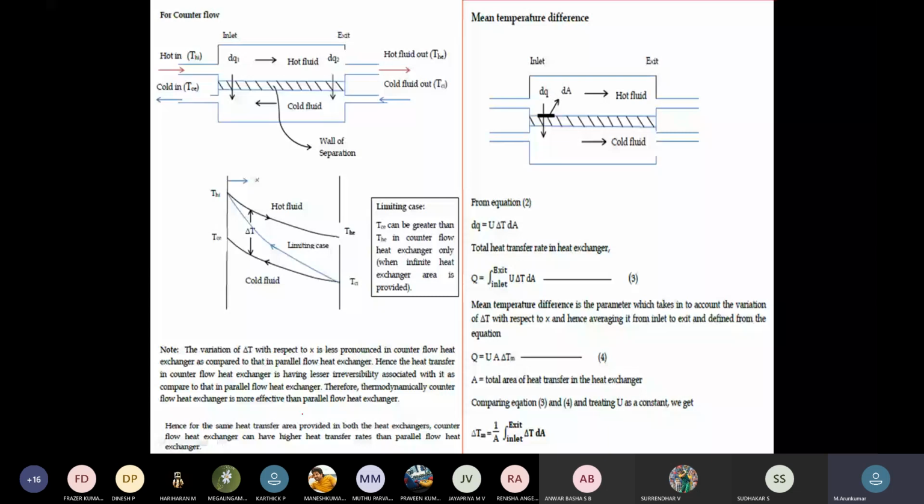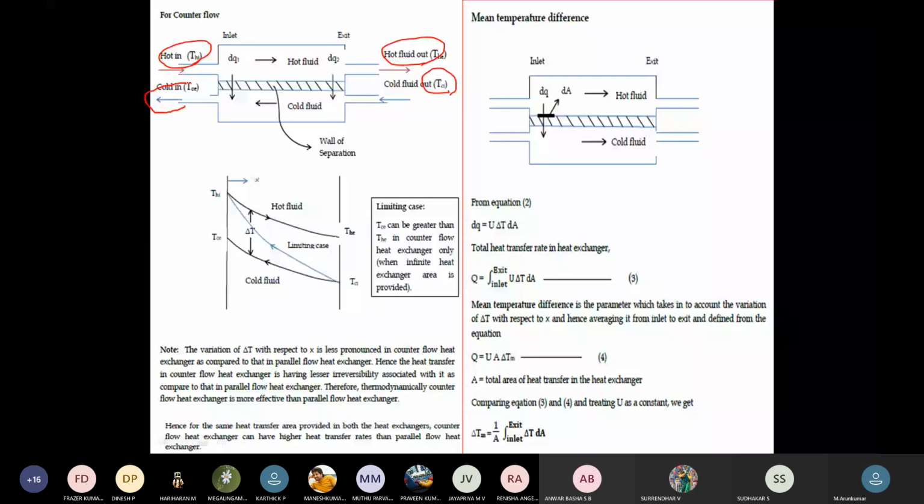Right. So for counterflow, the same equation can be written, and the temperature profile can be taken like this. The hot fluid inlet temperature Thi, then the cold fluid inlet temperature on the opposite side. So these are the inlets of the hot fluid and cold fluid, and these are the exits of the cold fluid and hot fluid, in opposite directions.